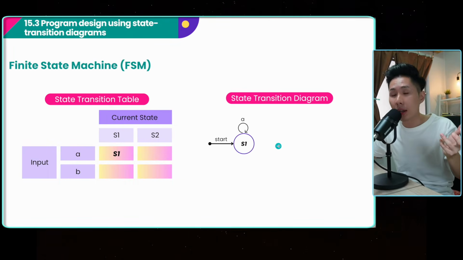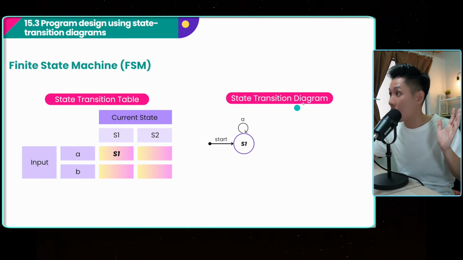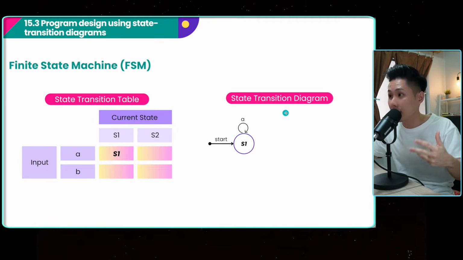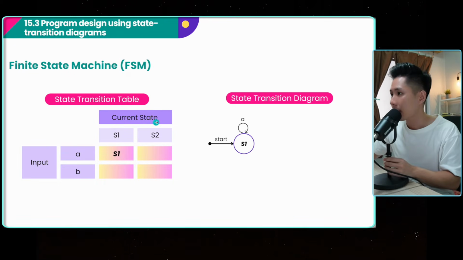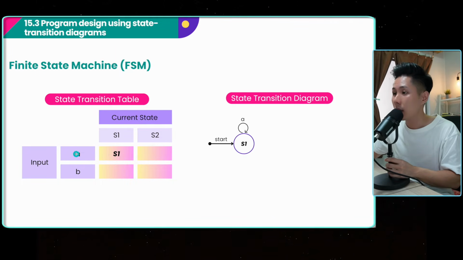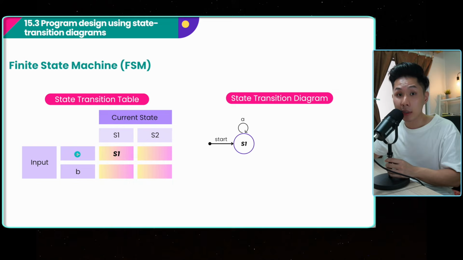And I want to show you an example of how we could draw the state transition diagram, which I think is something you need to do. So I have a table here that shows my state 1 and state 2, and then what state it will go to when an input is given. For example, the first one, when the program is in state number 1 and an input of A is given, it will stay at state number 1.